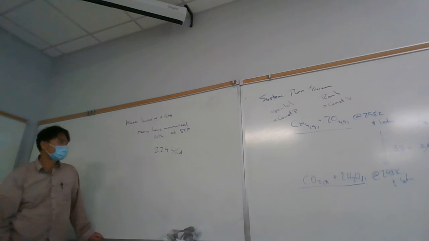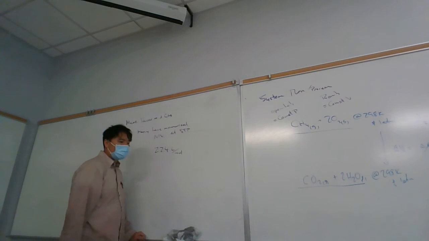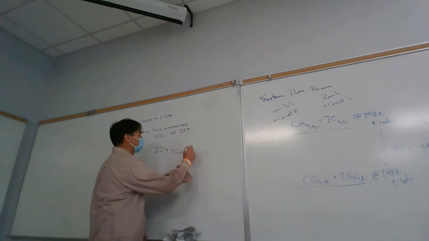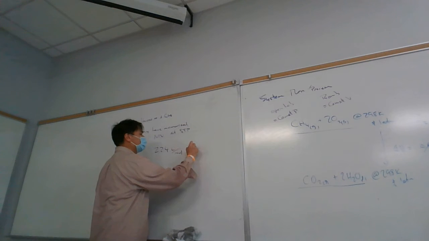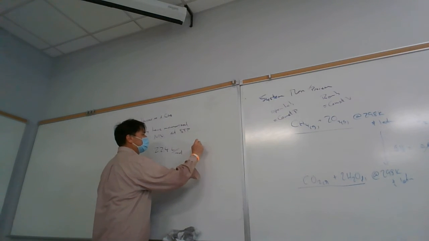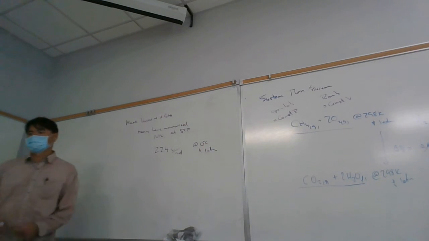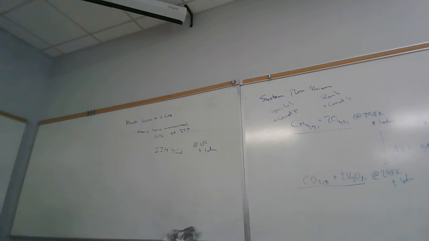This is 1 atmosphere though. At 1 bar, it's a little bit bigger, like 22.6 or something like that. And so this is at 0 degrees C and 1 atmosphere. Okay, so how often do you work at 0 degrees C?